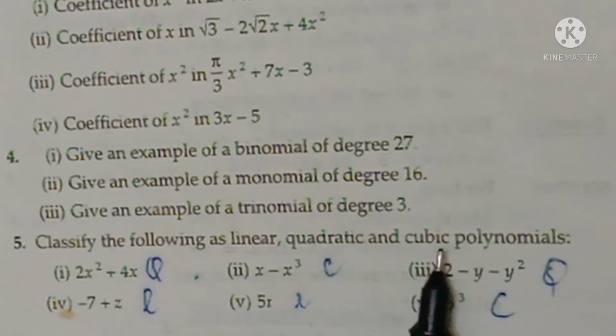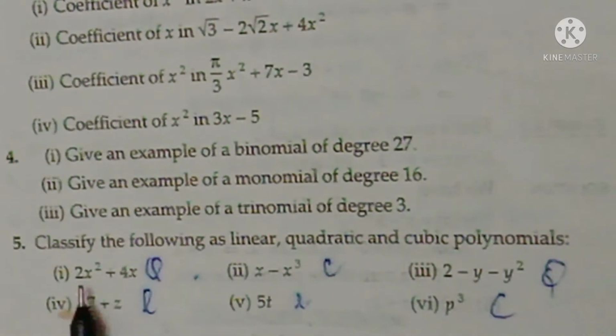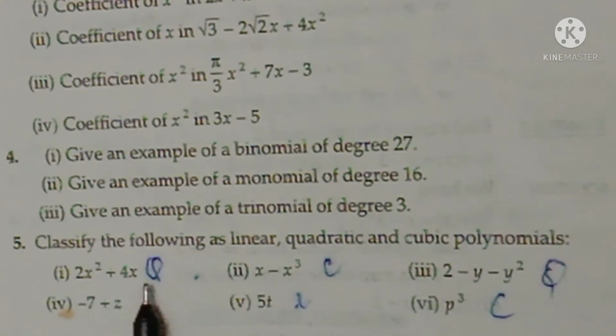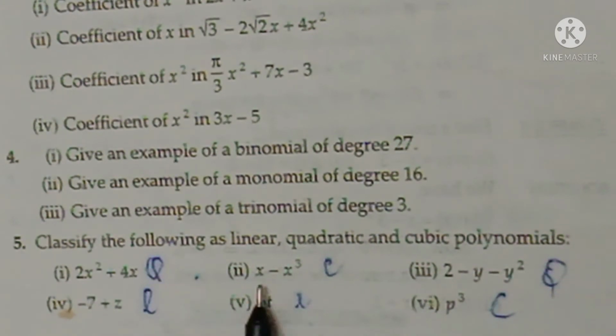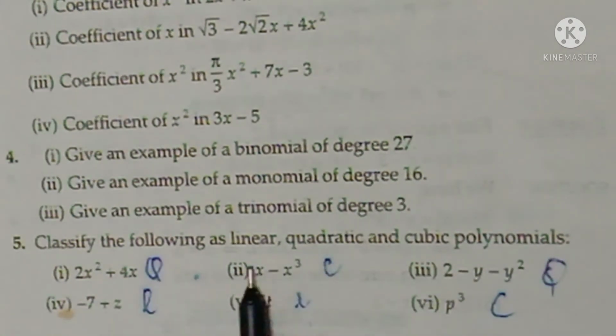Which type of polynomial is this? Because it has the highest power 2, it is a quadratic polynomial. Number 1 is a quadratic polynomial, and second is x minus x cube. The highest power of the variable is 3, so it comes in the cubic polynomial.